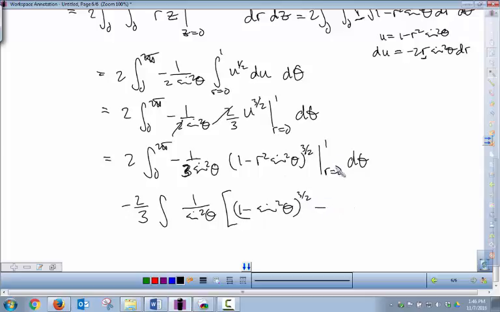And then if we put 0 in there, we're just going to get 1 minus 0. Oh, that doesn't look so easy anymore.